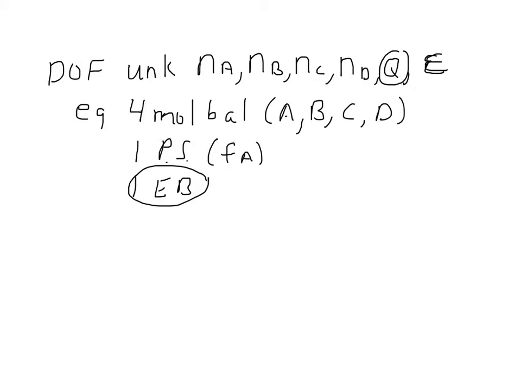So we actually have 5 unknowns to solve for right now and 5 equations. Those 5 equations are the mole balances for A, B, C, and D, and we also have our fractional conversion. So we need to write these equations and solve them.